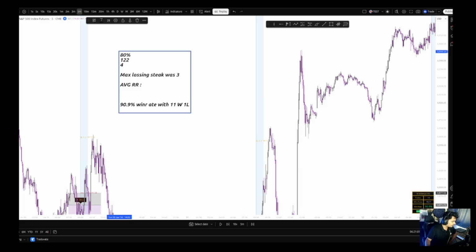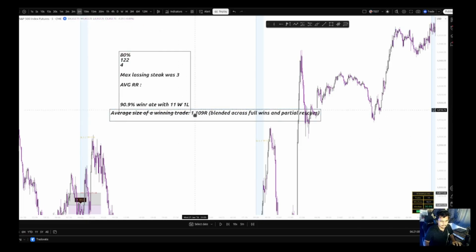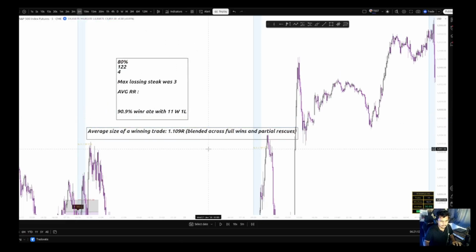So the average RR is really good, which I'll just paste here. The average size of a winning trade is 1R, blended across full wins and partial rescues. So on average, you're getting 1R with this high win rate, but you have to be aggressive.